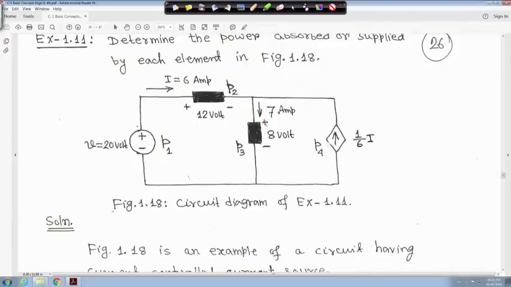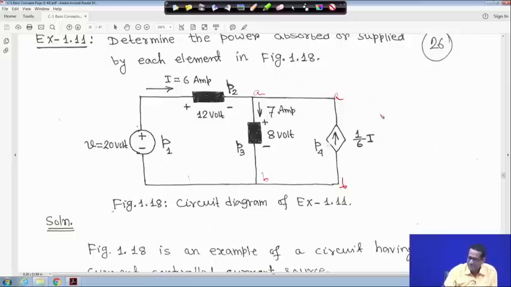Suppose this is plus and minus, that means this point is A and this is B, and there is nothing in between. So this point is A, this is also B. This voltage, VAB, is say 8 volt, and the same voltage is here also, 8 volt. Here I is equal to 6 ampere is given, so basically this one will be 1 upon 6 into 6, that is 1 ampere, and the direction is upward.